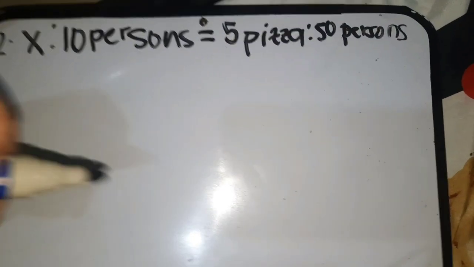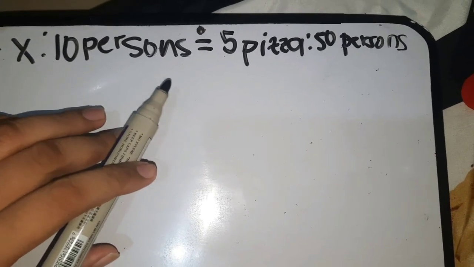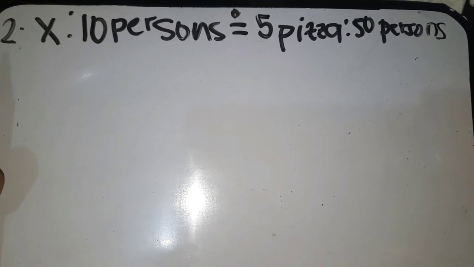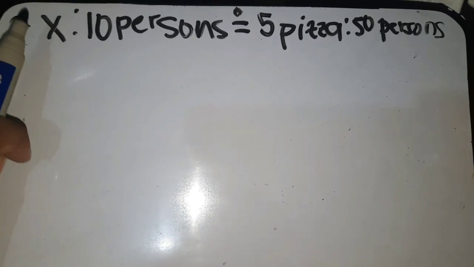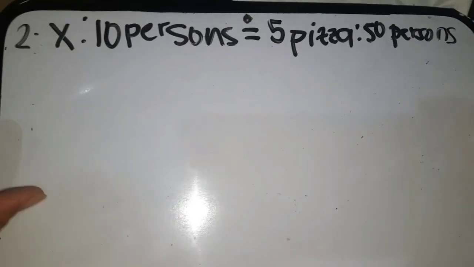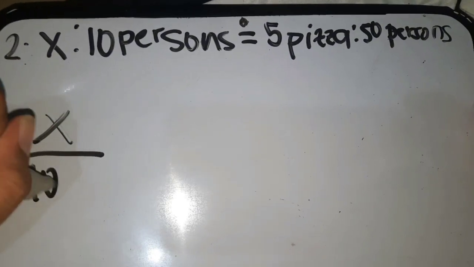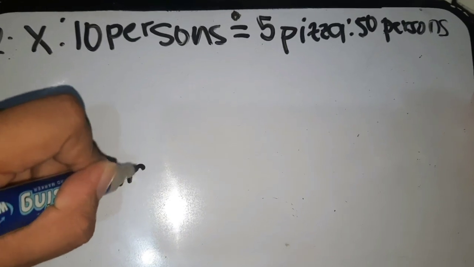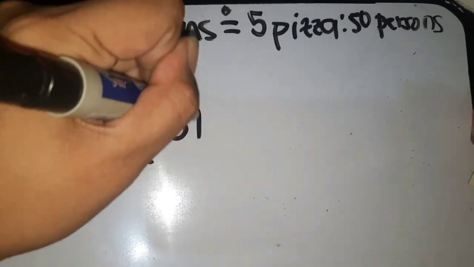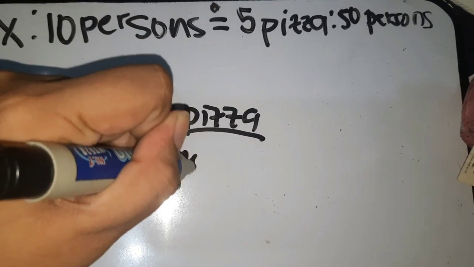Let's answer the second one. x is to 10 persons is equal to 5 pizzas is to 50 persons. So here, what we are looking for is how many pizzas will fit 10 persons. So, it goes like this: x divided by 10 persons equals 5 pizzas divided by 50 persons.